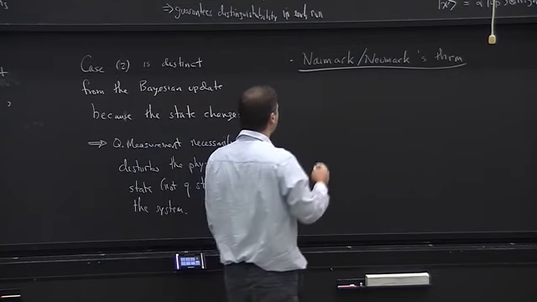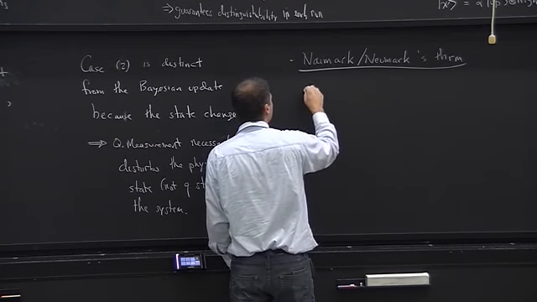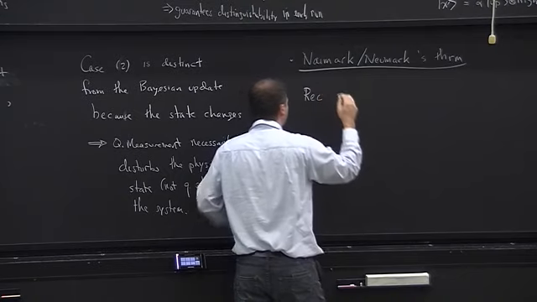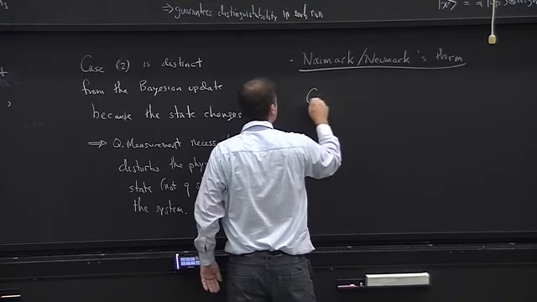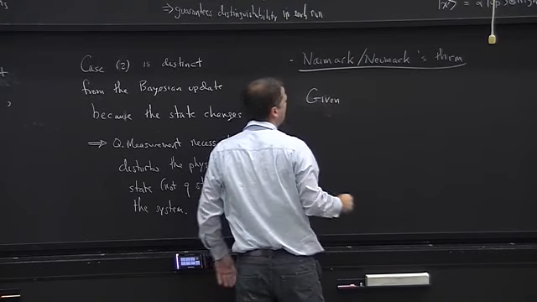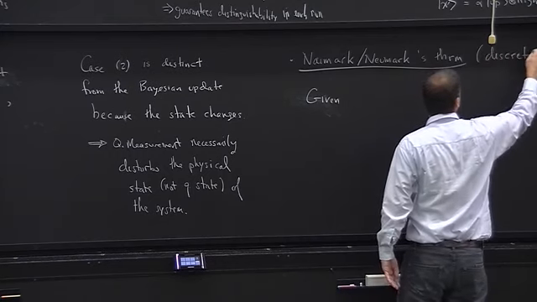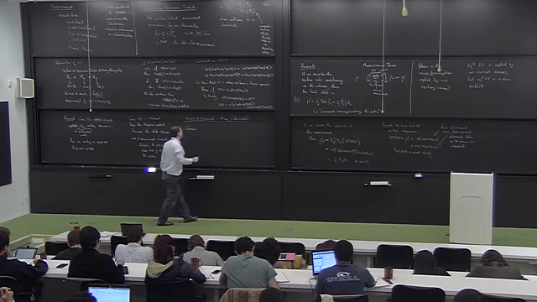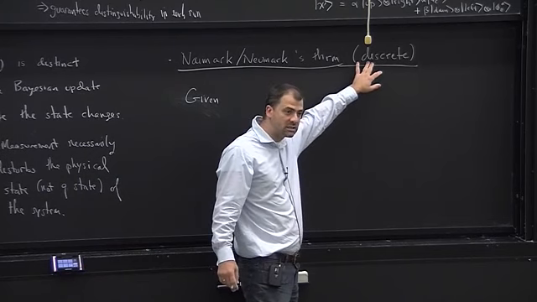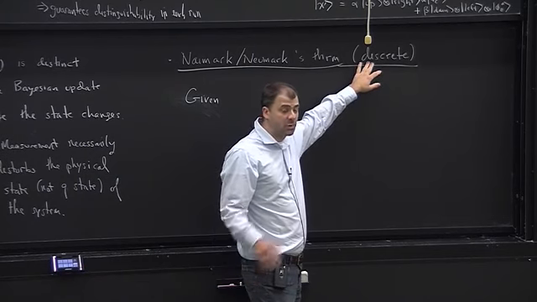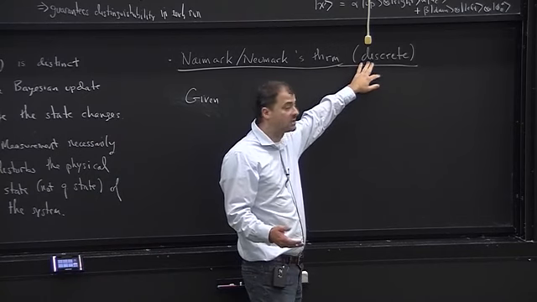Recall our axiom; we have POVMs. I'm just going to do the discrete case, because I'm not going to require you to learn measure theory. The discrete case means that our set of outcomes is indexed by a discrete variable. It's possible in quantum mechanics to have continuous outcome sets, even though we have a separable Hilbert space.